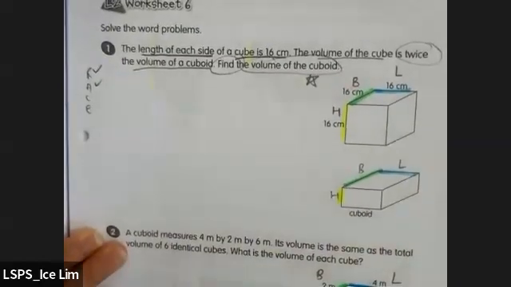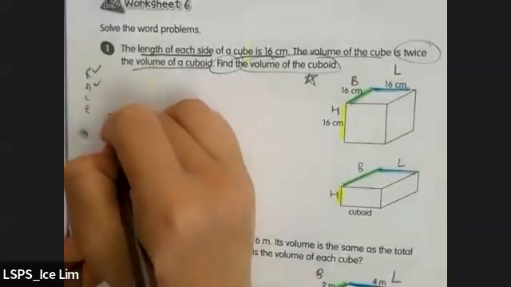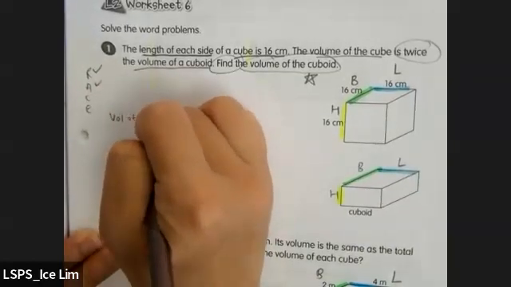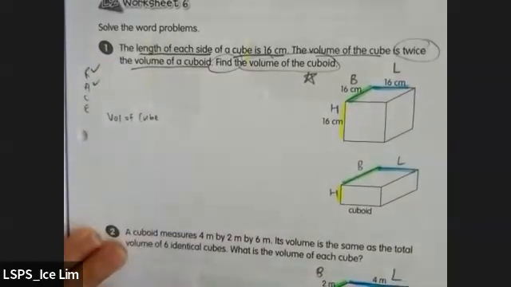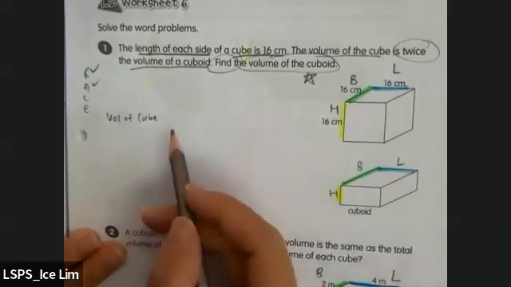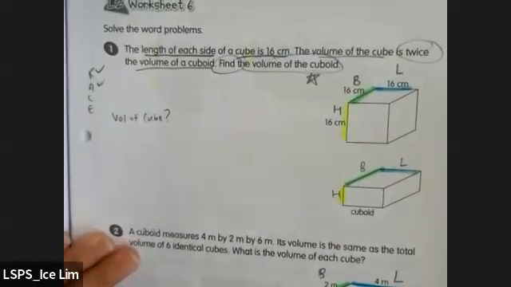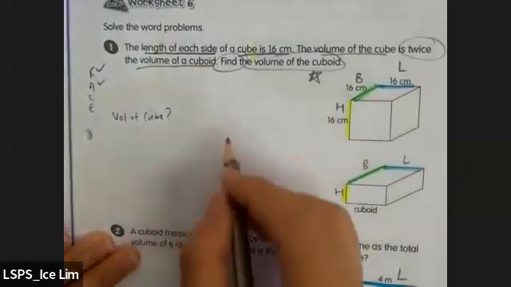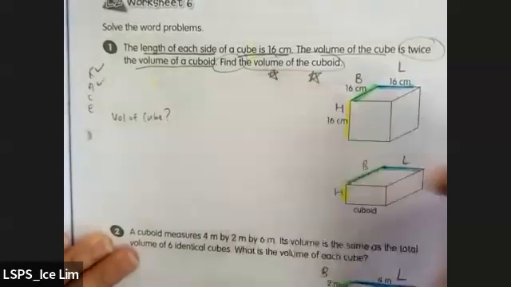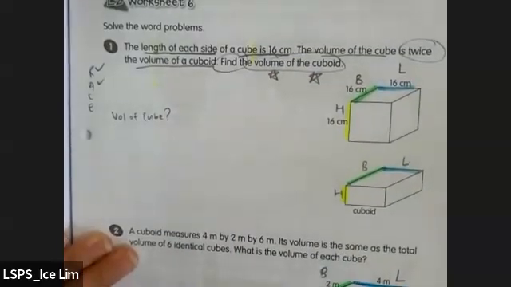Now I need to choose the method. Before I choose the method, I ask myself, do I have the volume of the cube? Have or don't have? Is it given? No. Need to find. Do I have the volume of the cuboid? That is the question, so I need to find this one. What do I have?